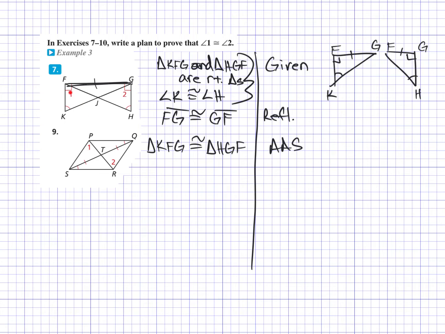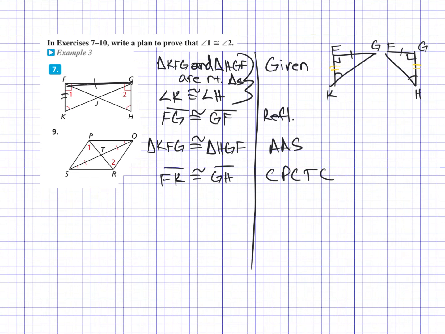Okay, so I can say, now that the two triangles are congruent, that FK and GH are the same. So FK is congruent to GH because of CPCTC. Corresponding parts of congruent triangles are congruent.